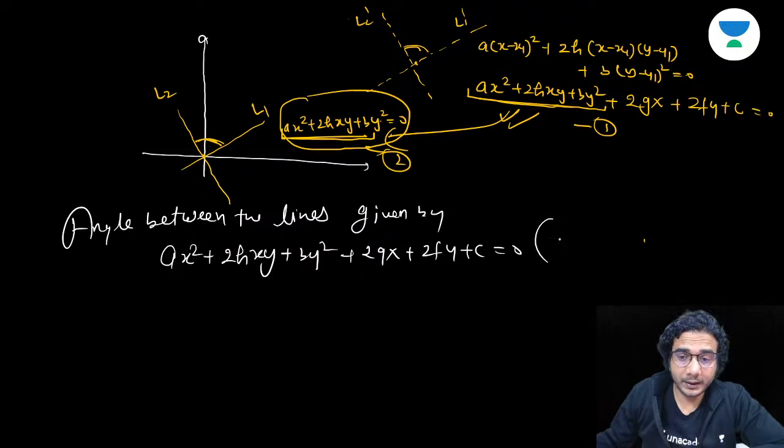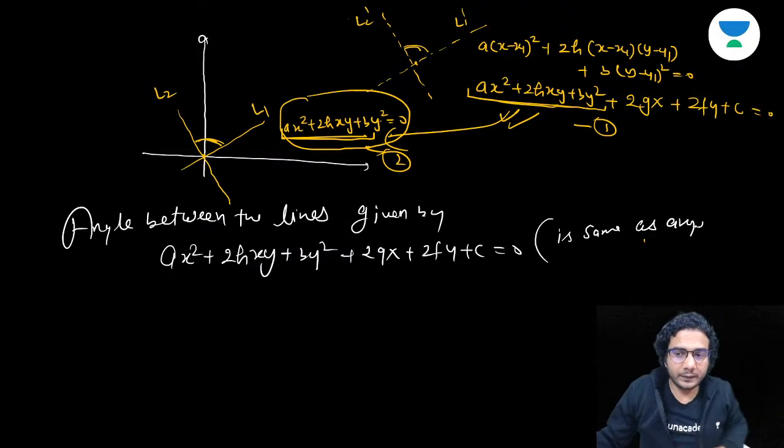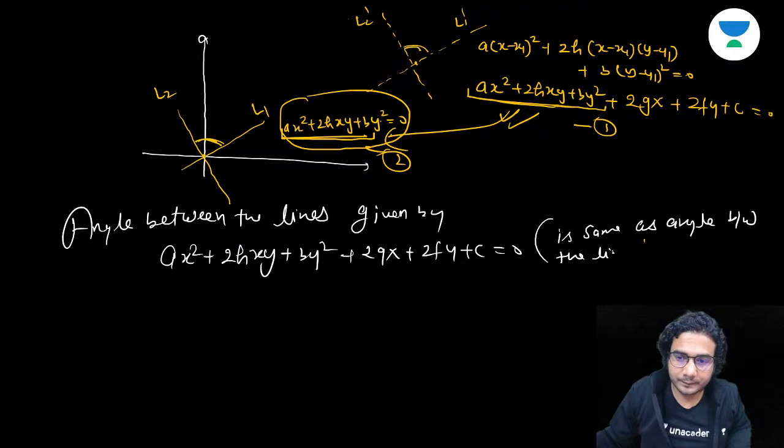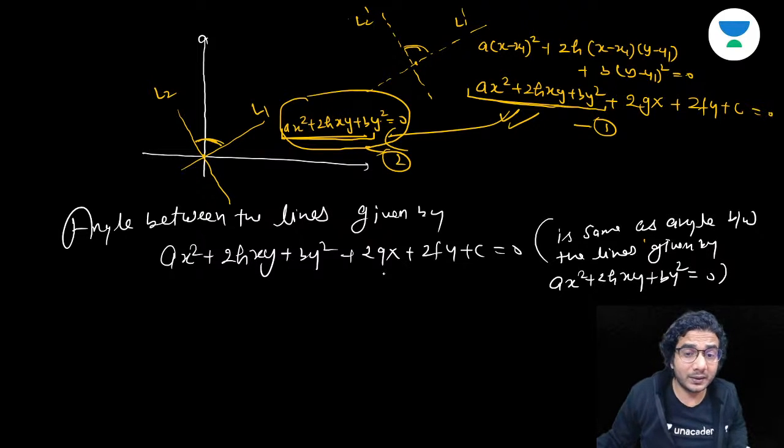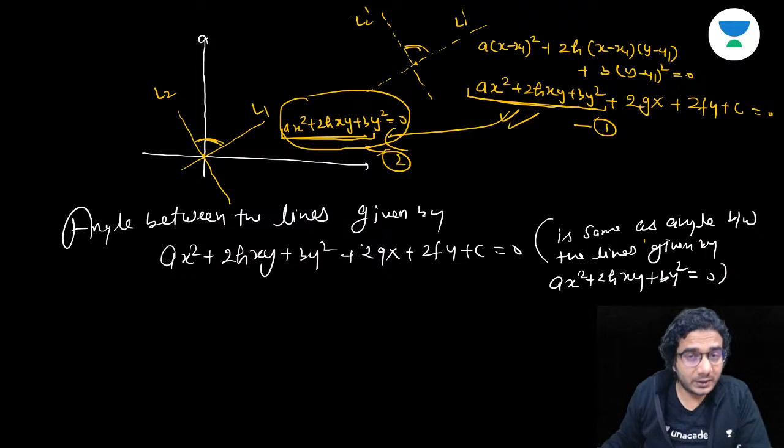I'm writing this in brackets, is the same as the angle between the lines given by ax square plus 2hxy plus by square, because these lines are parallel to the lines given by this general equation.